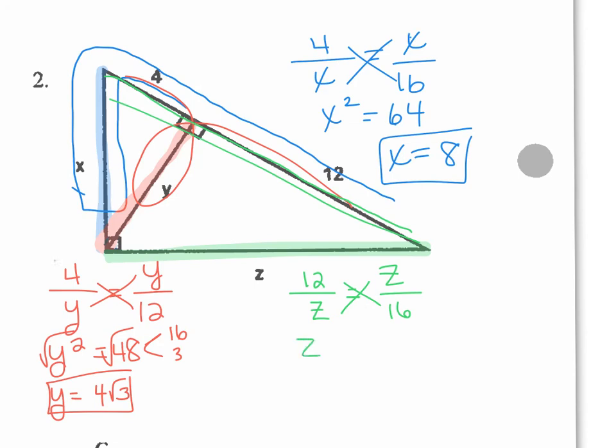Z times z is z squared. 12 times 16 is what? 192. Square root. If I square root 192, it's not a perfect square. So what goes into 192? 64 and 3. So z is 8 rad 3.